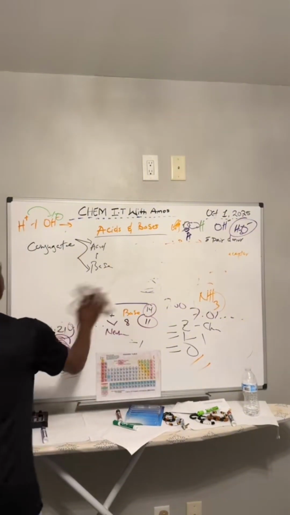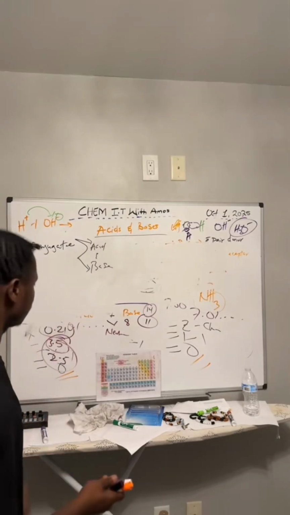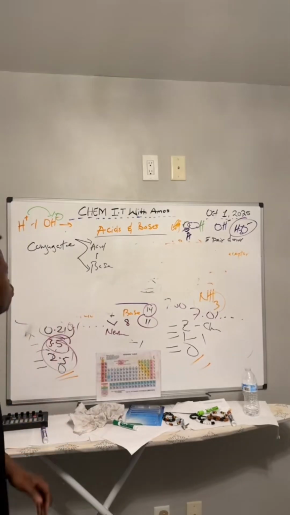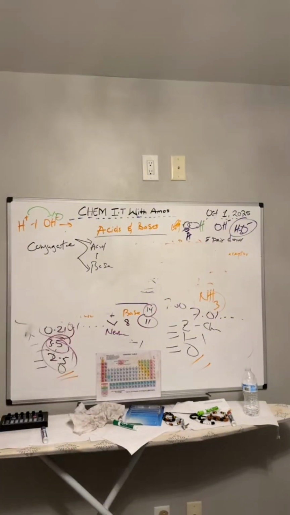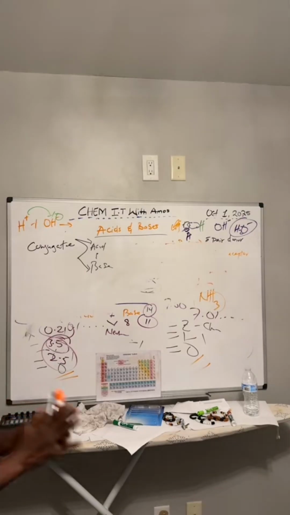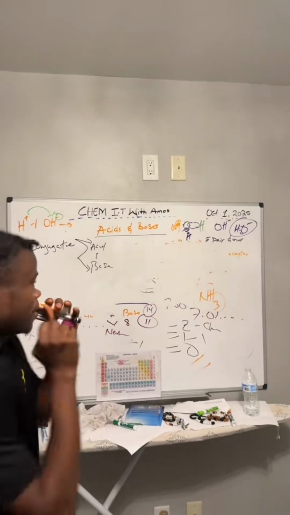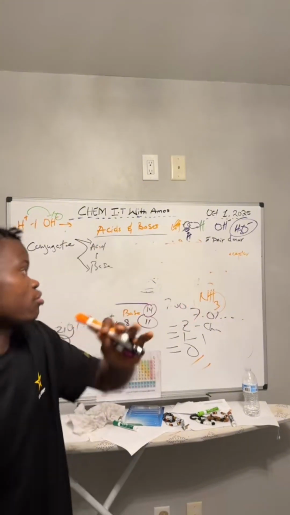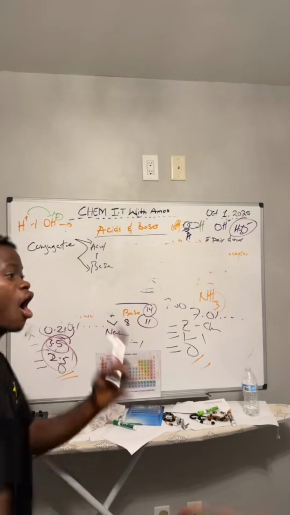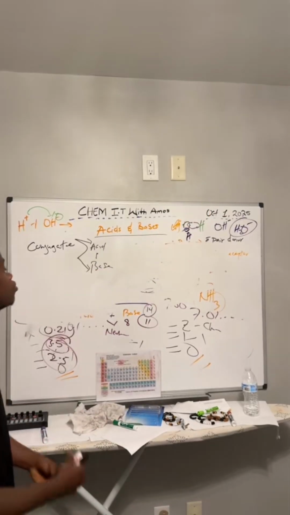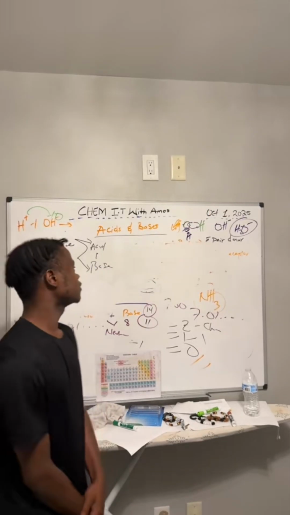Right here, we are going to look at what conjugate acid and conjugate base are. They are very simple to understand. I'm going to give you a very simple definition and picture to capture in understanding them. So they are like opposites.